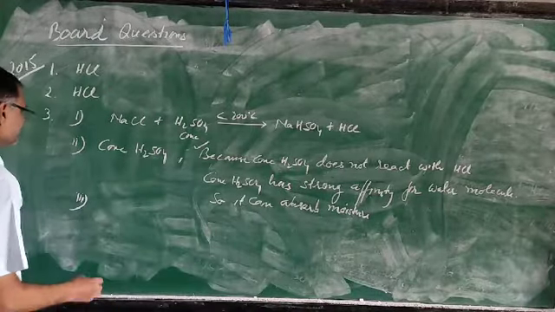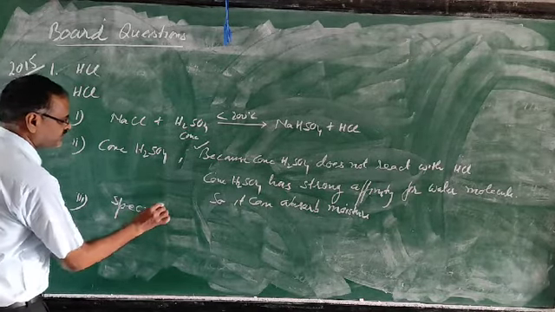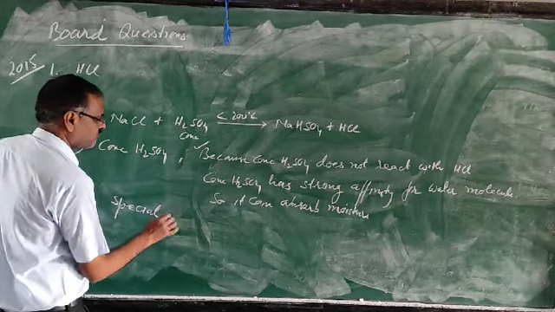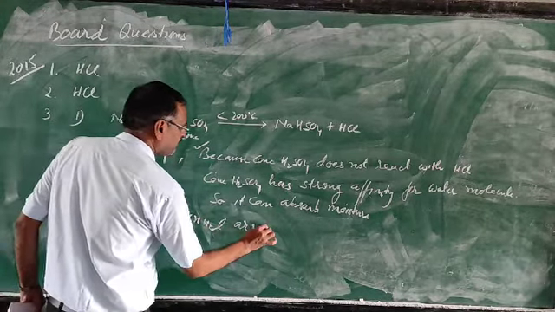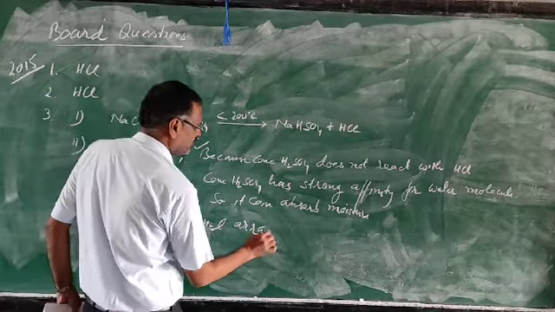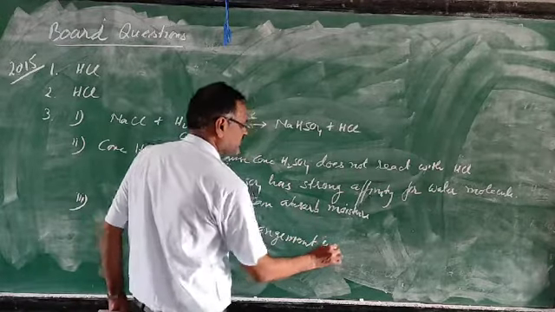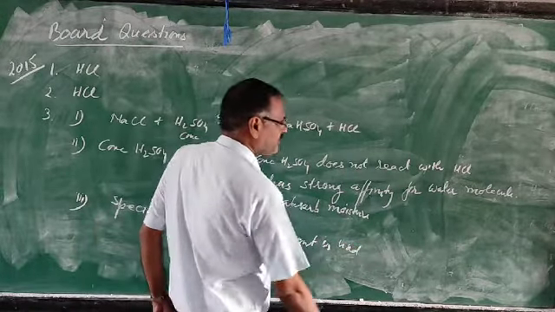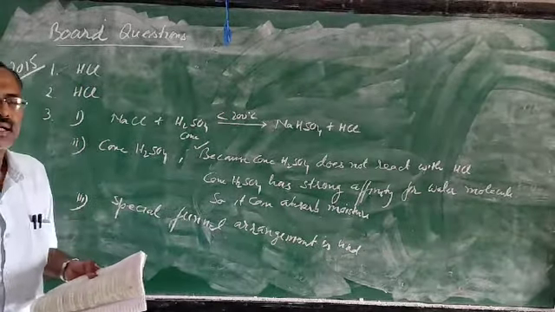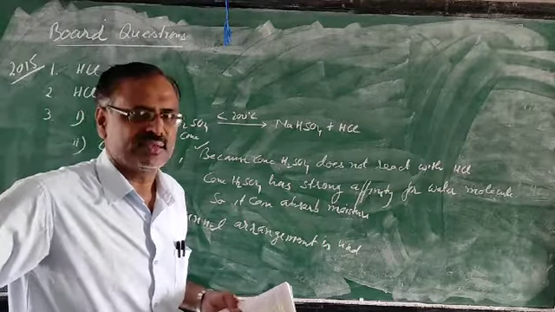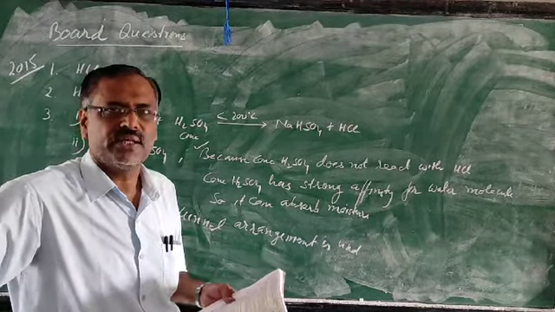A special funnel arrangement is used, because if you put the delivery tube directly in water, then back suction occurs. So to avoid the back suction, we use a special funnel arrangement.